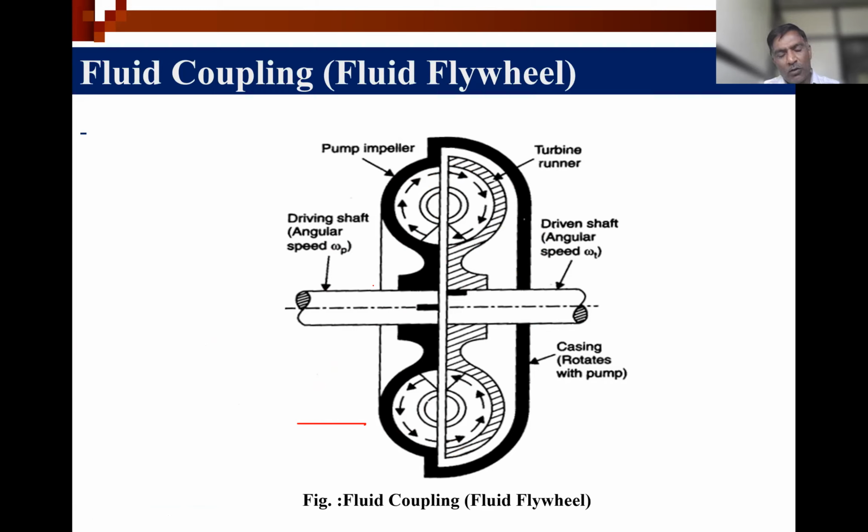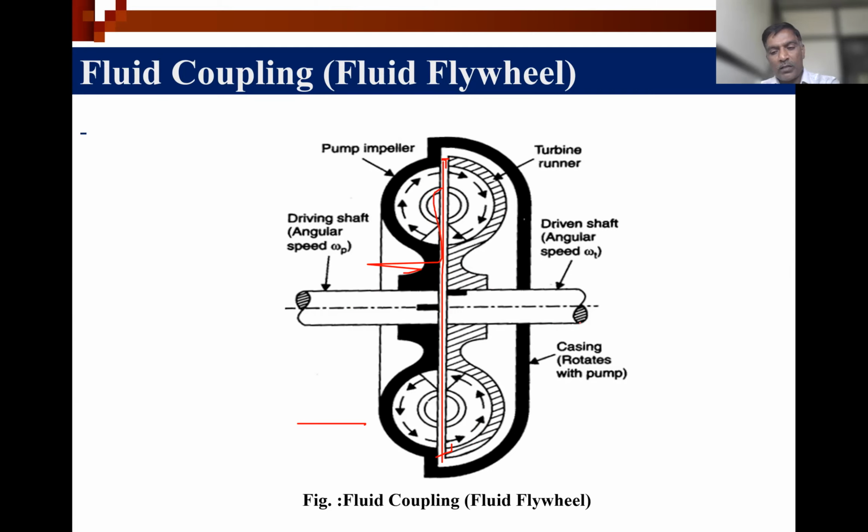So based on the engine speed, there will be engagement or connection between the driving and the driven shaft. आणि त्याच्यासाठी काय होणार, एक ठराविक स्पीड नंतर त्या दोघांमध्ये एक फिल्म तयार होईल, एक ऑइलची फिल्म तयार, and that will be able to transmit the torque from this driving to the driven shaft.